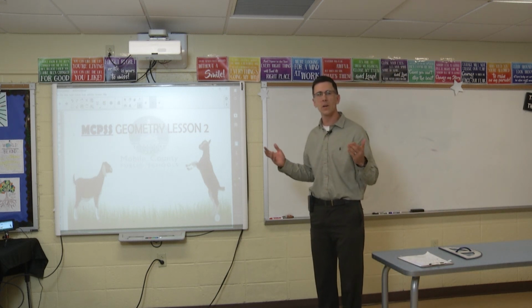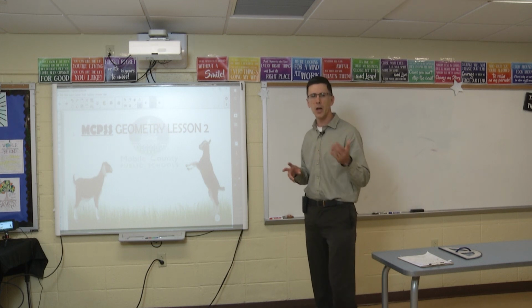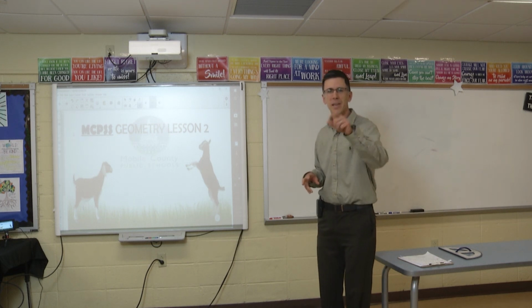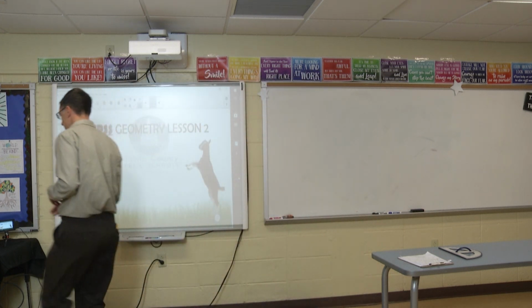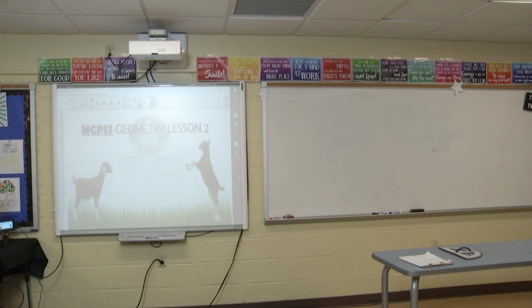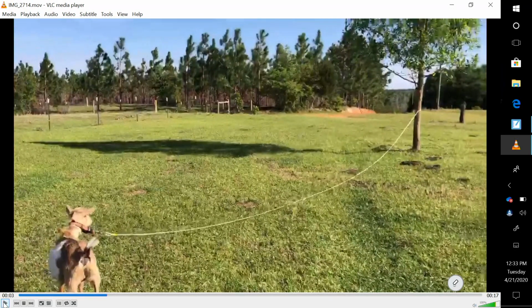Bill is actually going to use a goat named Pumpkin. Let me introduce you to a goat named Pumpkin. I'm going to play a short video. This is Pumpkin. Pumpkin is attached to a 50-foot rope.